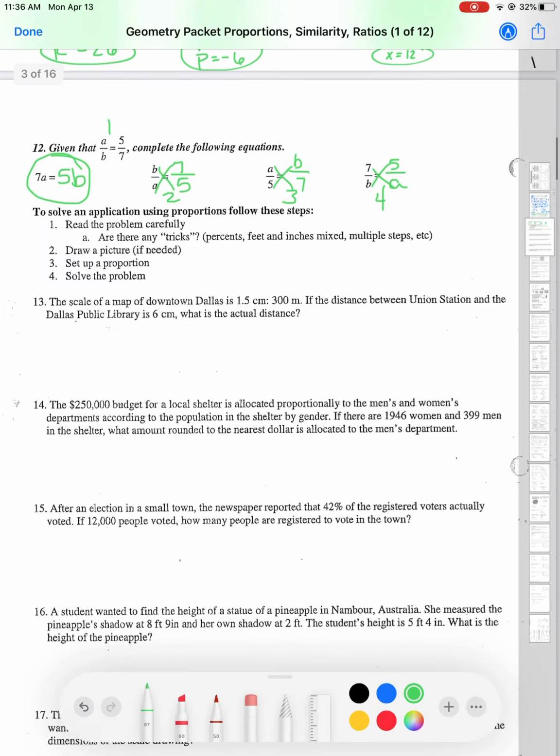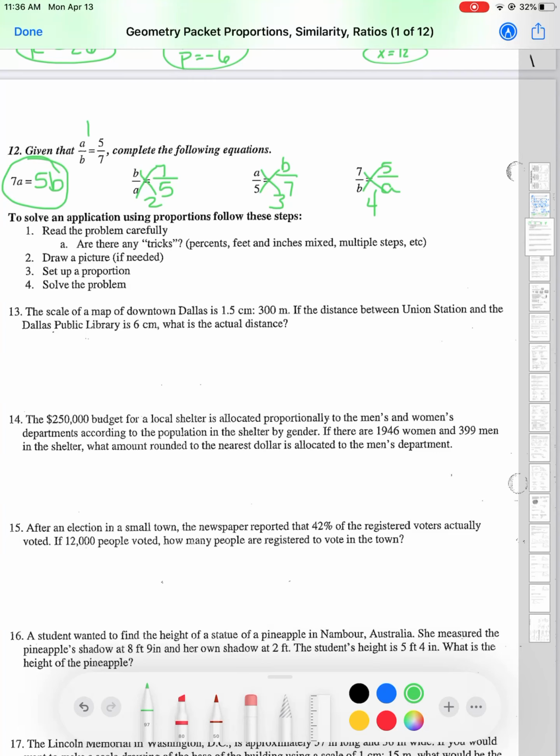Okay, so now on to some word problems, which I know you guys love. The scale of a map of downtown Dallas is 1.5 centimeters to 300 meters. If the distance between Union Station and the Dallas Public Library is 6 centimeters, what is the actual distance?